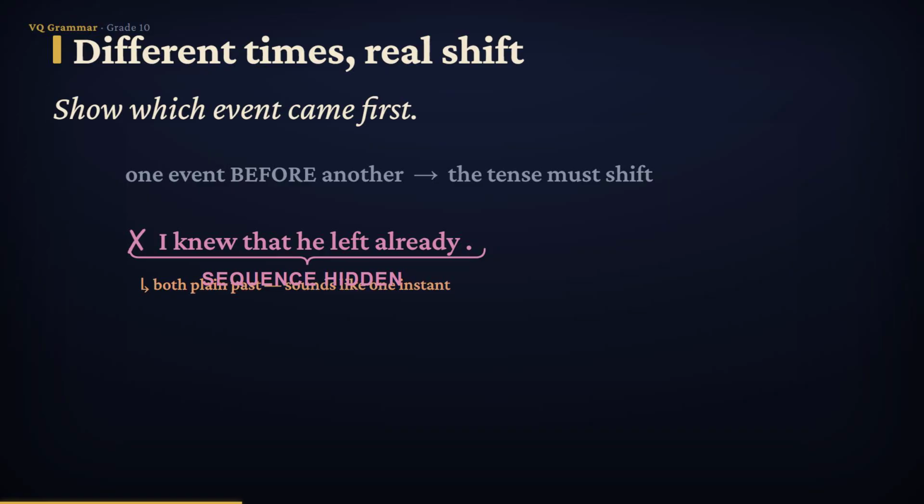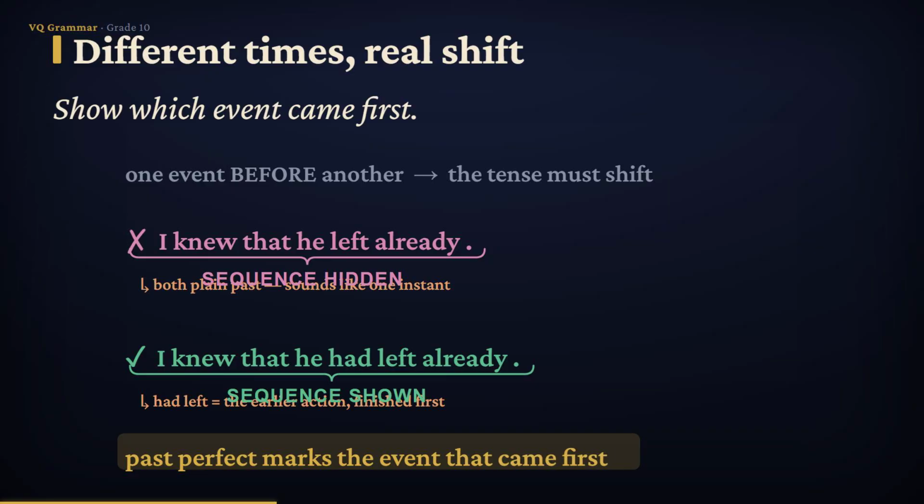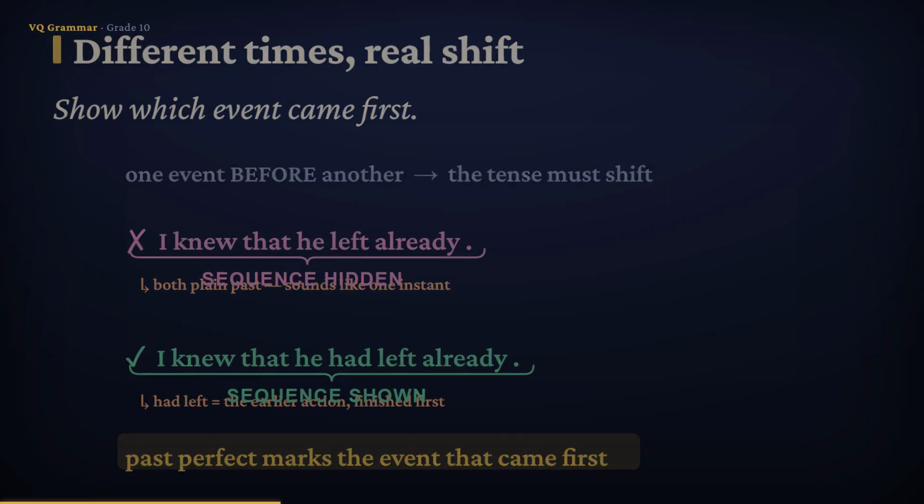But that isn't the meaning. He was gone before I knew it. So we shift. I knew that he had left already. That little had is doing real work. Had left is the earlier action, the one finished first. This is the past perfect, and its whole job is to mark the event that came first.